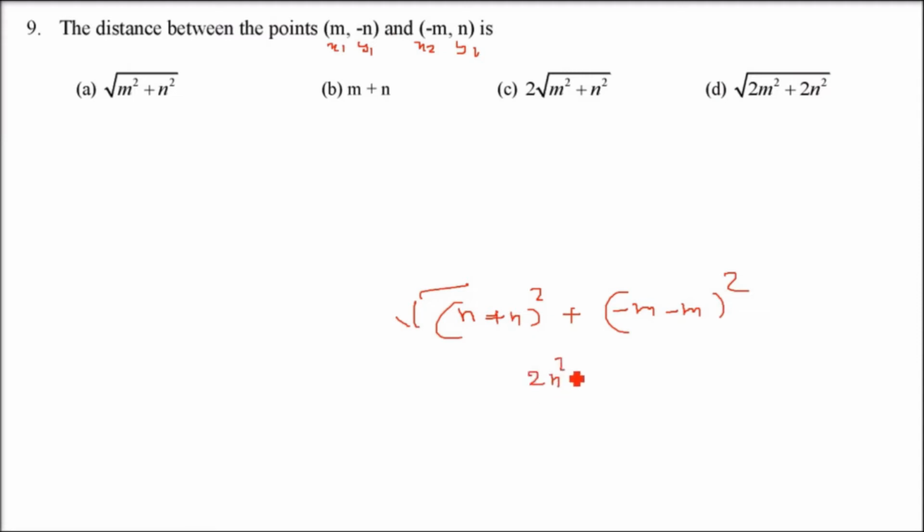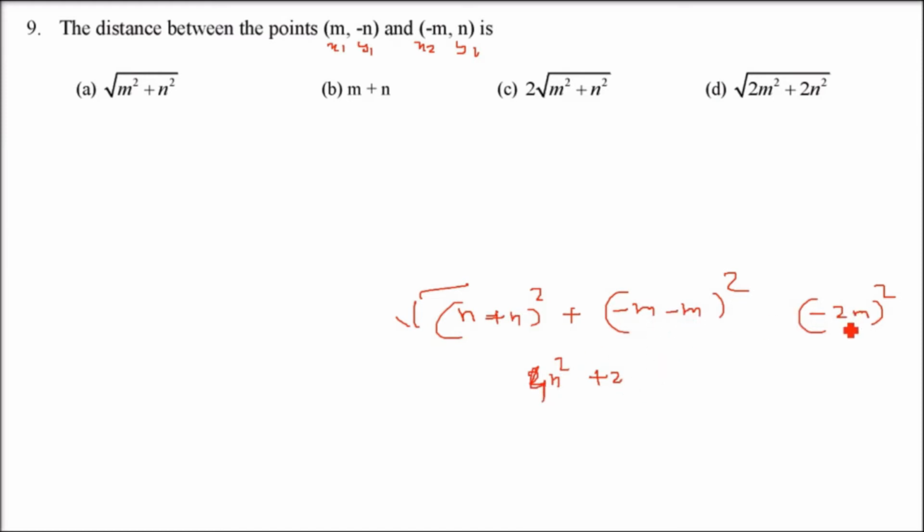n plus n is 2n, and 2n whole square is 4n square. And again, minus 2m whole square is 4m square. So you get the square root of 4n square plus 4m square.